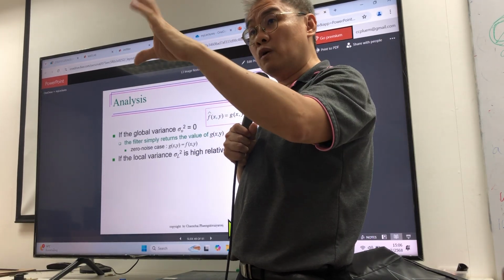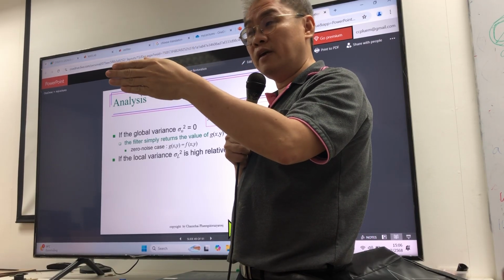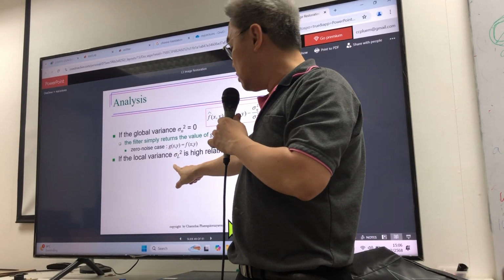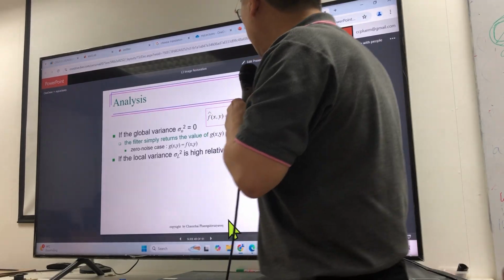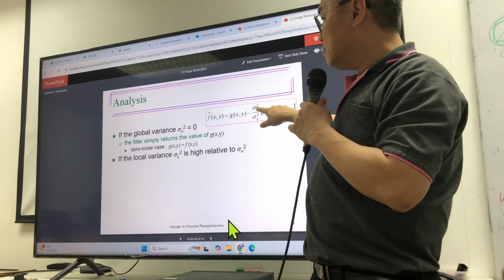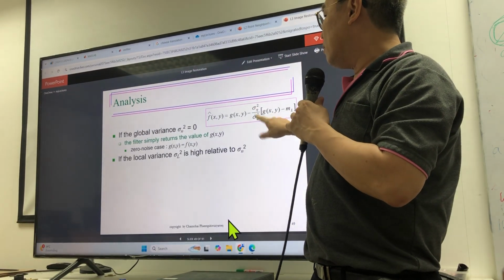It could be noise, or sometimes it could be the edge. So if the edge happens within the window and is usually higher than the global noise, what happens? If sigma squared n is a lot lower than sigma L, what happens?